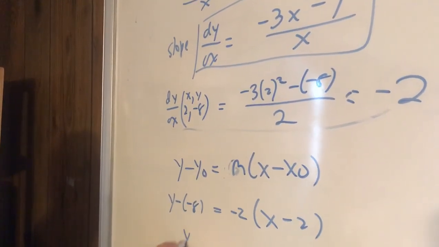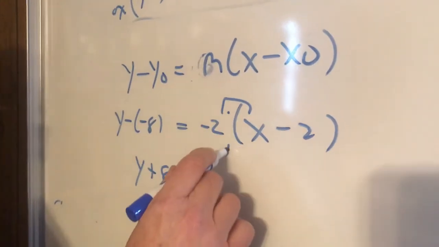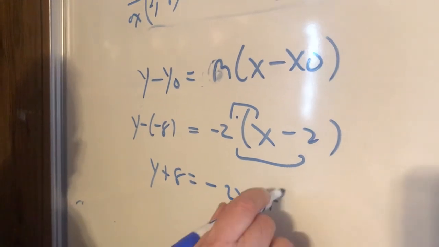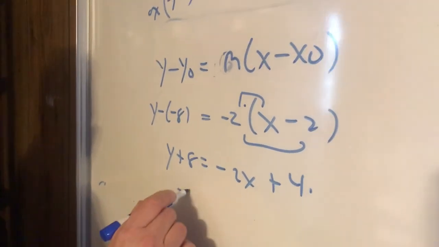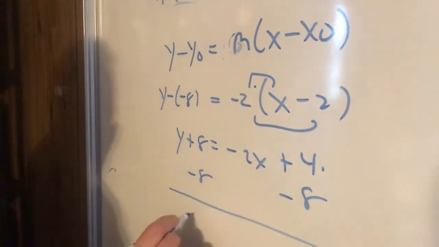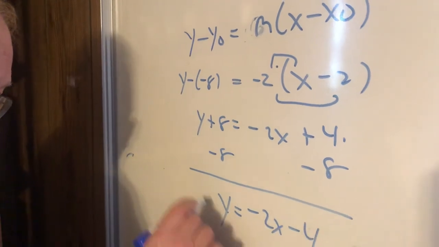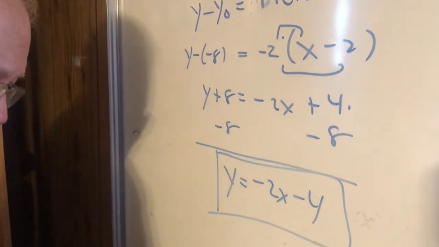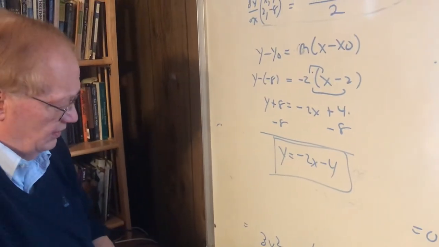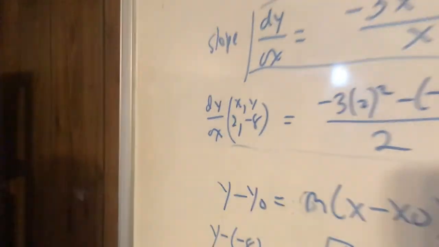So y plus 8 equals minus 2 times x minus 2. Distribute this: minus 2x plus 4. Subtract 8. We're almost finished. And we get y equals minus 2x minus 4, which is our answer. That's the equation of the line tangent to the function at the point 2 and minus 8.